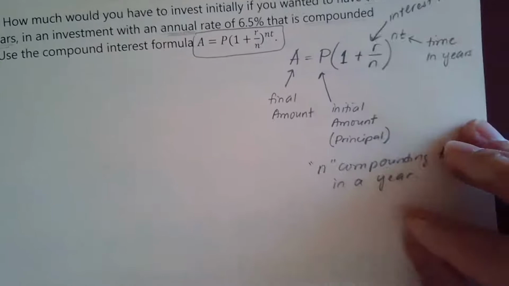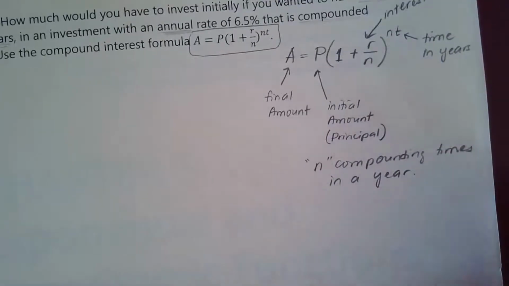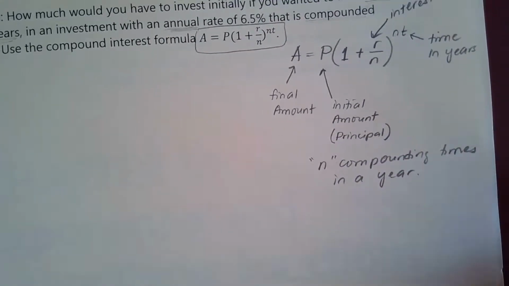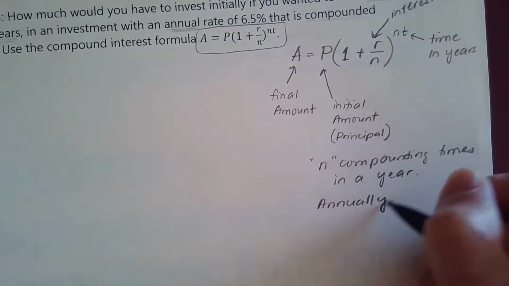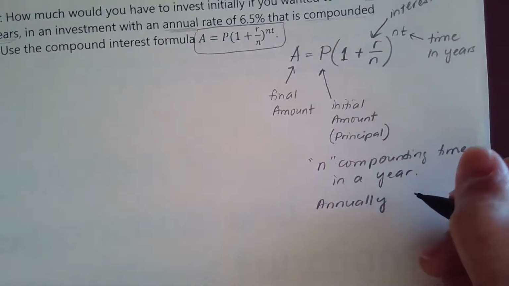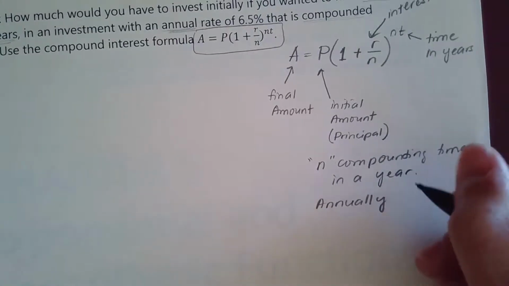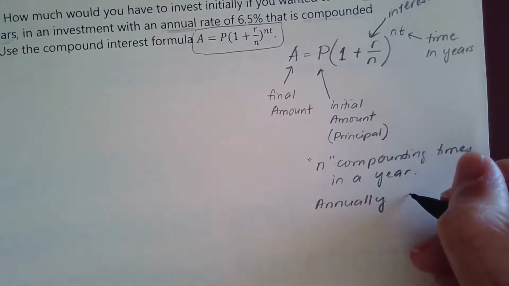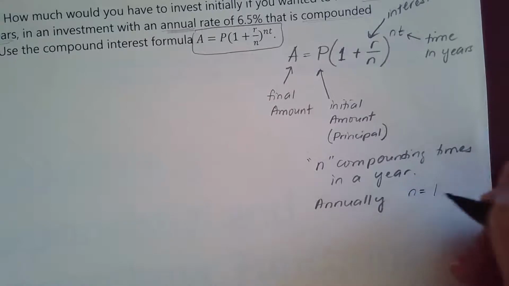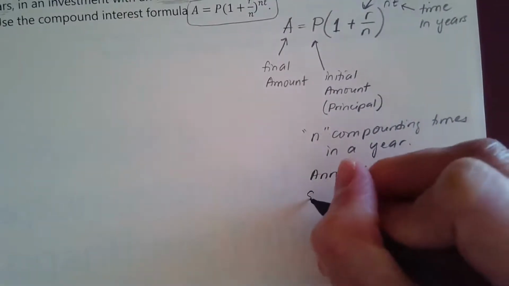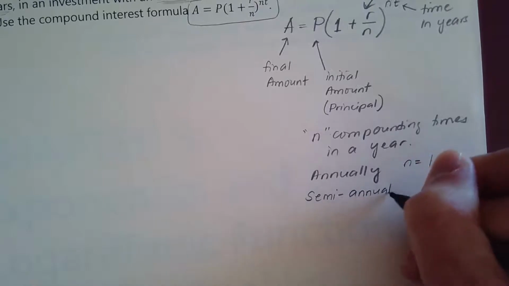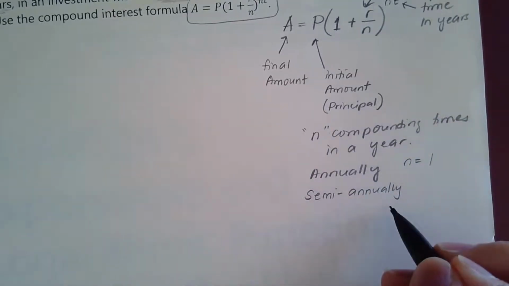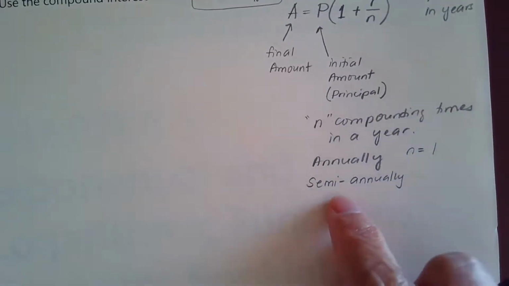So when you say annually, it means every year the interest will be added on. So n is equal to 1. If we see the word semi-annually, semi-annually means half a year. So that means every half a year.